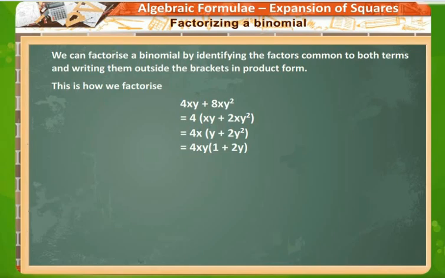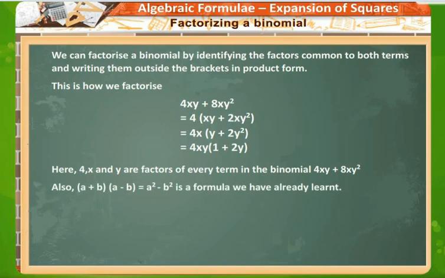It is not necessary that here it has to be a prime number. Here when we factorize a binomial, it is all about removing a common factor from the given expression. Here 4 and x and y are factors for every term in the binomial 4xy and 8xy square. It's a binomial because it has two terms.